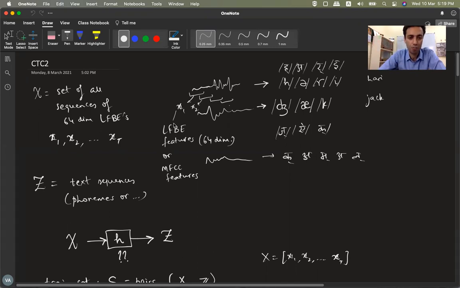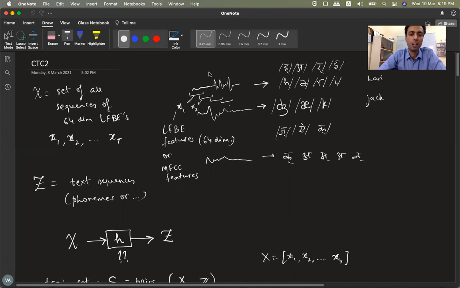And then you have features from each window. These are just some transformations, mostly spectral domain transformations. Or it could also be raw audio, just small raw windows. Anything could be X.